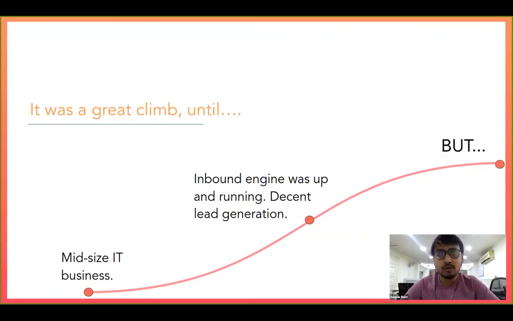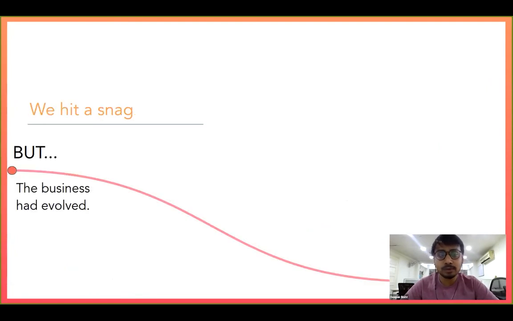But around 2016, the business had changed a lot. While they were generating inbound leads and were happy to serve them, those were not their ideal target companies. Then in 2016, they decided to play in the enterprise market, compete with the likes of Infosys, TCS, and all of that.